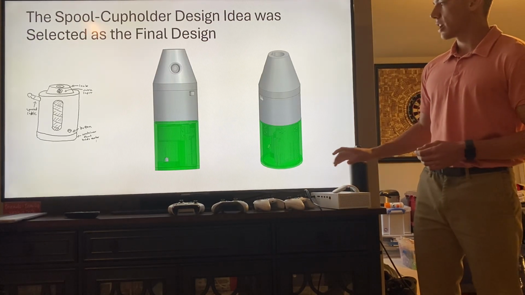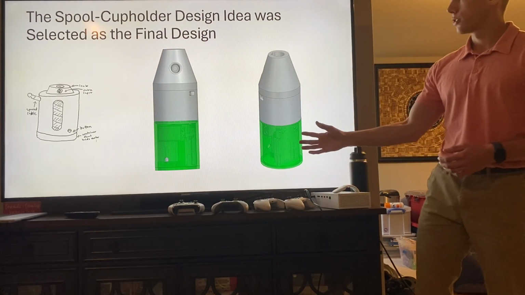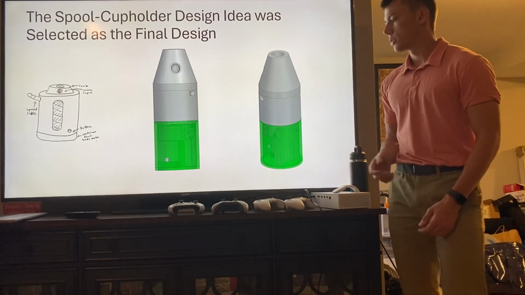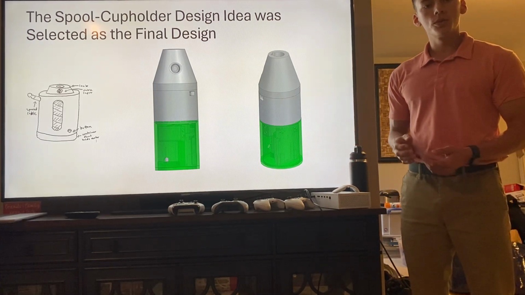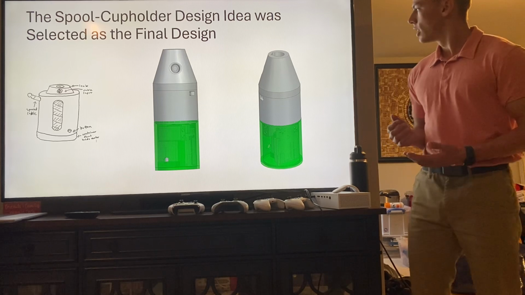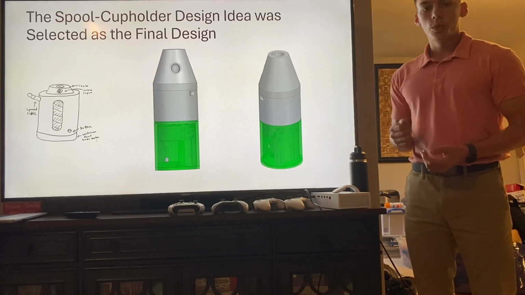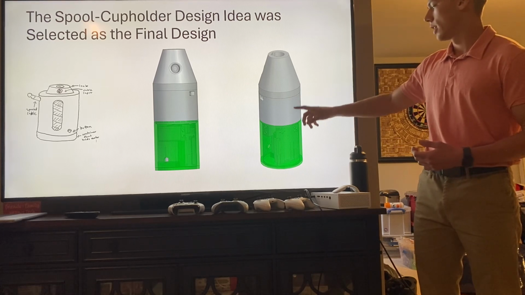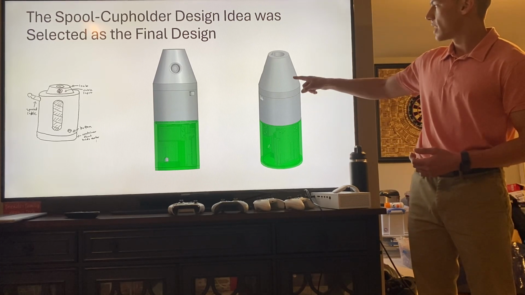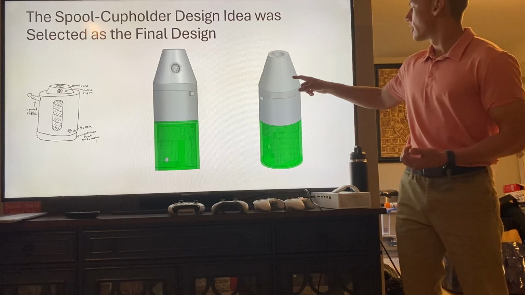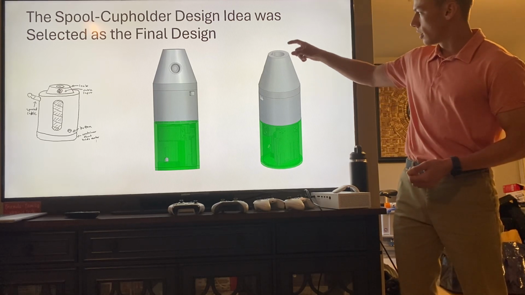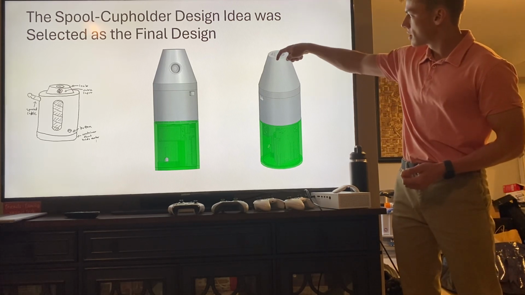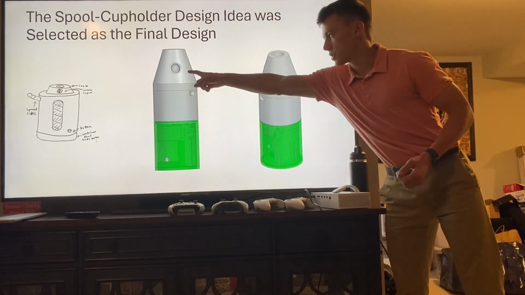We then took this a step further and took the simple drawing on the left and transformed it into a CAD model. To simply summarize what we had come up with, we have the shell, which is divided into 3 pieces: the upper shell, the middle shell, and the lower shell. The upper shell contains itself and also the physical lock, in which the key is inserted here and the cable is inserted in the front.